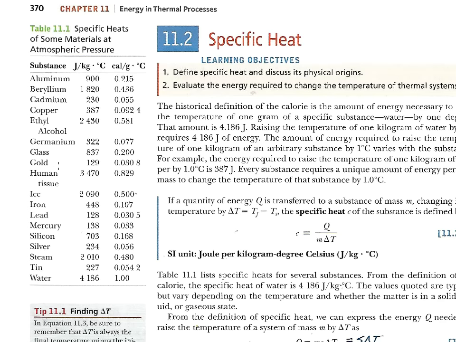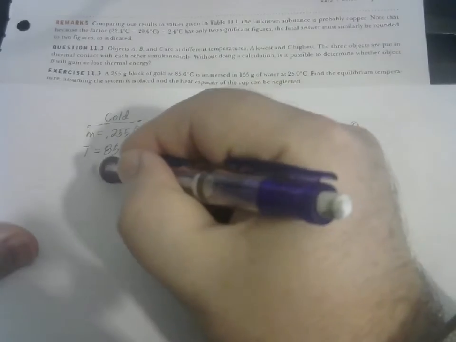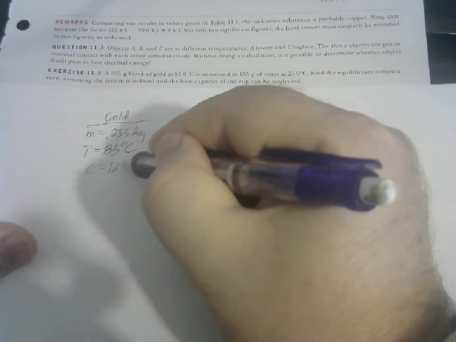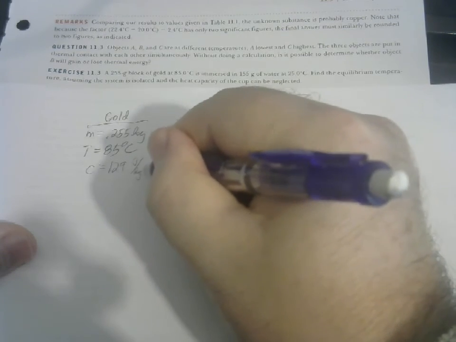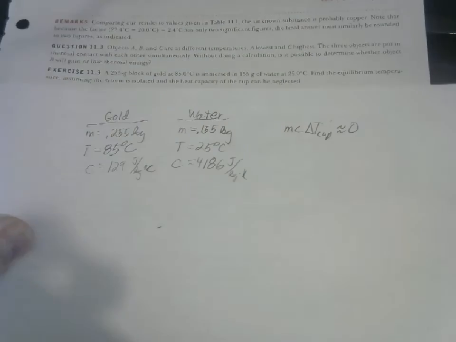The other thing we need here is the specific heat of gold, which is a mere 129 joules per kilogram per degree Celsius. So I will write that under gold.